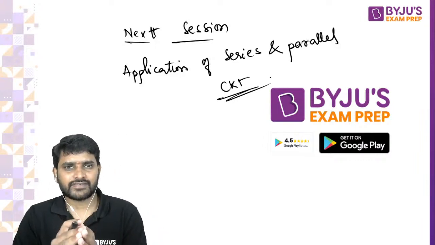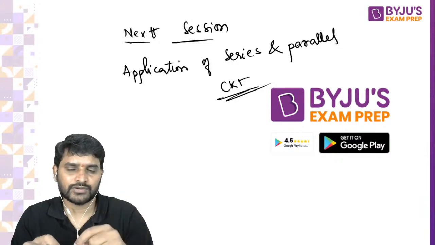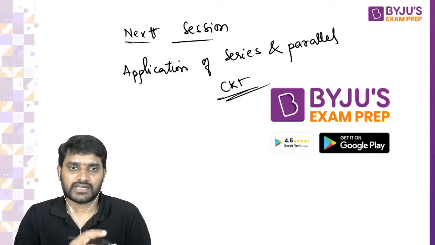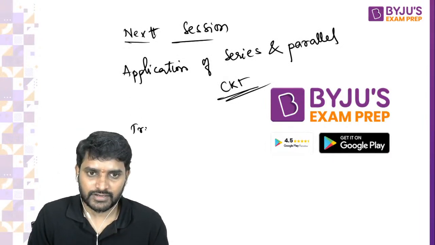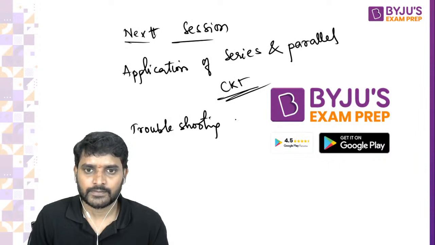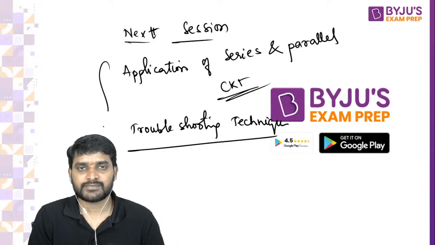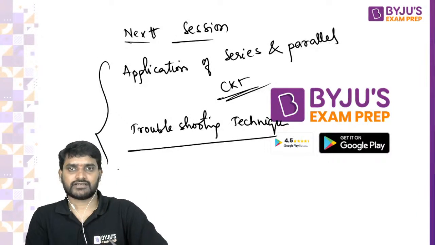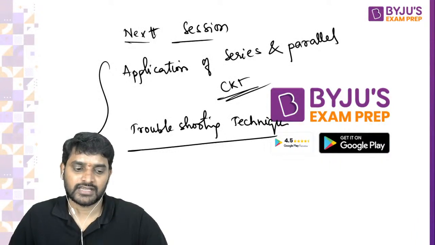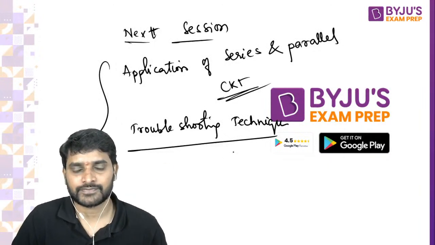We'll be taking it for a small duration only, hardly not more than 40 minutes, because for applications I just wanted to tell you, and how you can check also, how you can troubleshoot also. Troubleshooting technique also we will try to find out. So whenever it fails, how do you find out the place? How do you identify the place and how do you clear it? Rectification of fault simply. Okay.